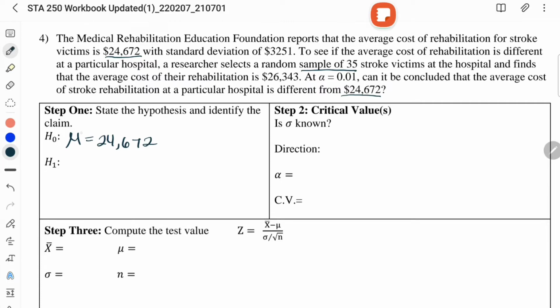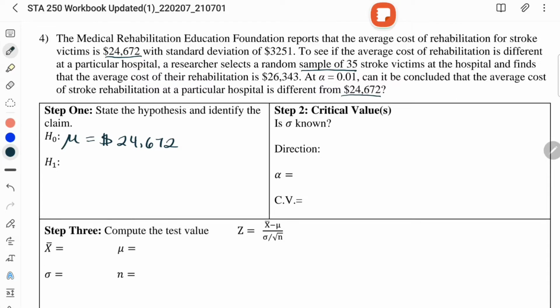The alternative hypothesis states that there is some sort of difference between the parameter, which is mu, the population mean, and a specific value that represents the population.